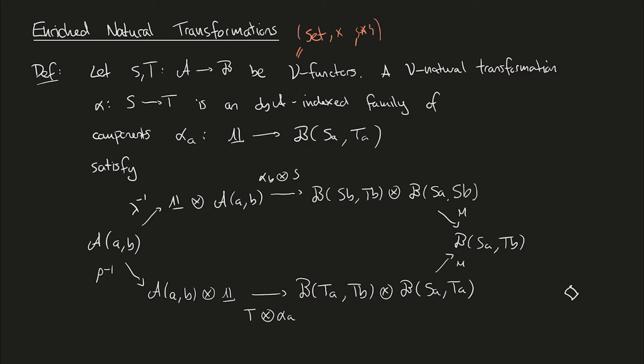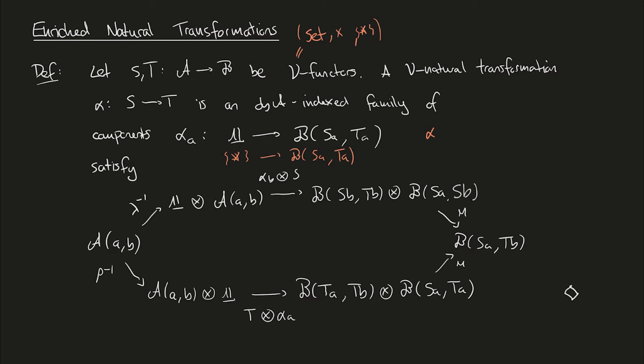And then we see that the components alpha A are actually maps from the singleton set into the Hom set of SA, TA. And what does such a component do? Well, it just picks out an element of that Hom set.